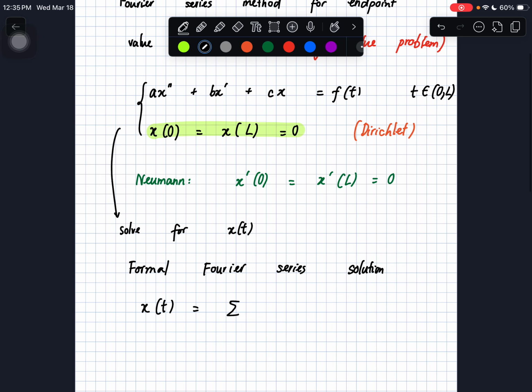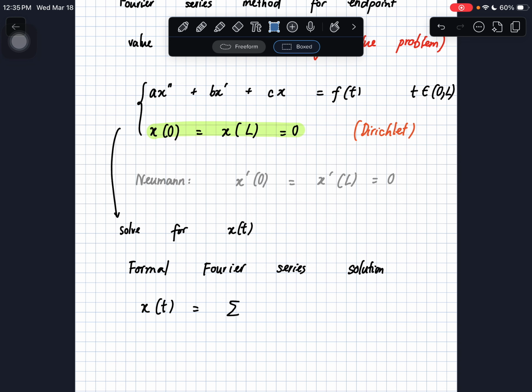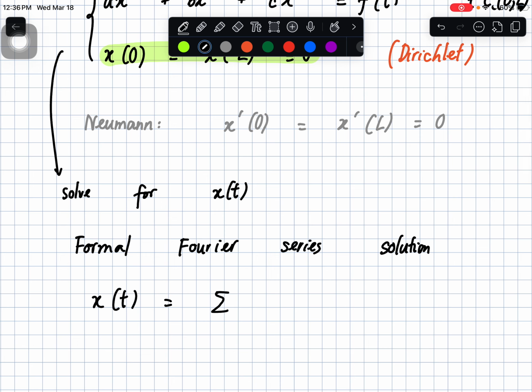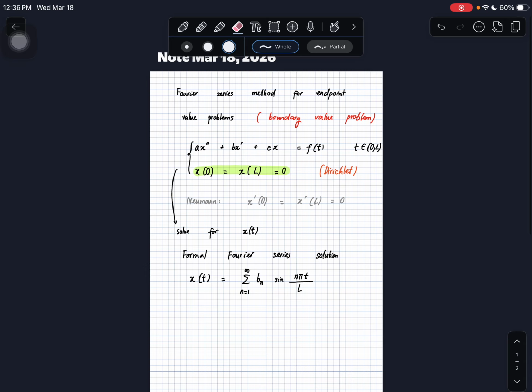In this case, I do the example for the Dirichlet conditions. For the Dirichlet condition, I could have a Fourier sine series, b_n sine(n pi t over L), n from 1 to infinity. So here's the reason why I use Fourier sine series.